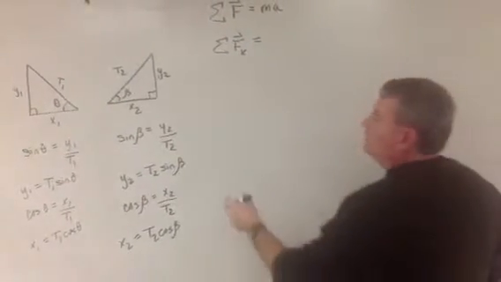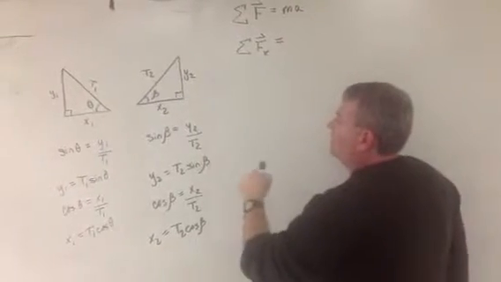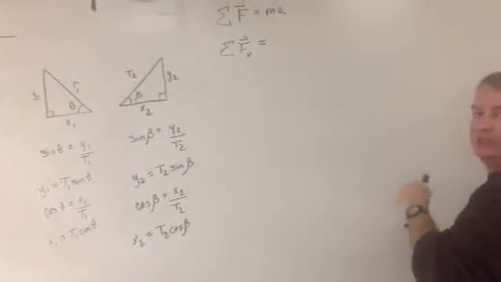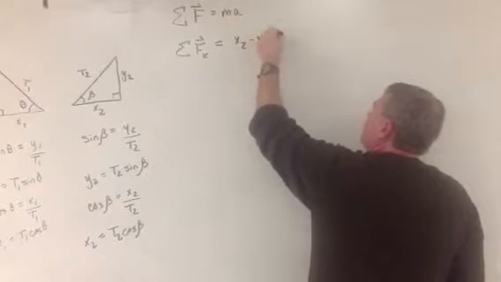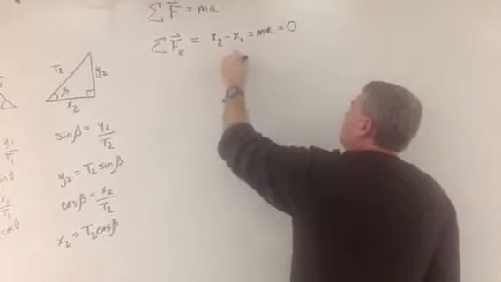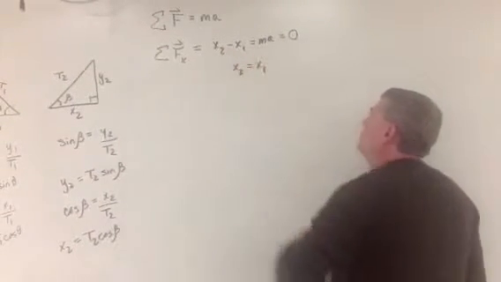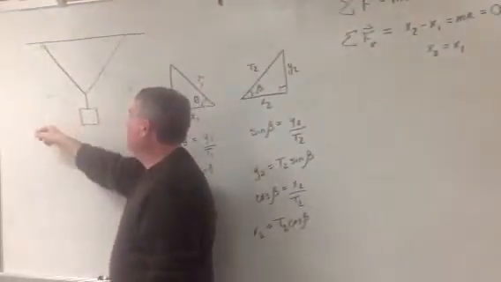It doesn't matter which way you go with it because in this case the object isn't moving, so the acceleration is equal to 0. So x2 minus x1 is equal to ma, which is equal to 0, and that ends up meaning that x2 is equal to x1.